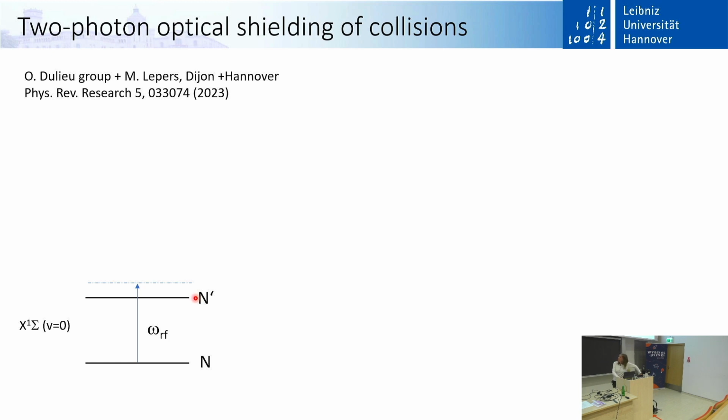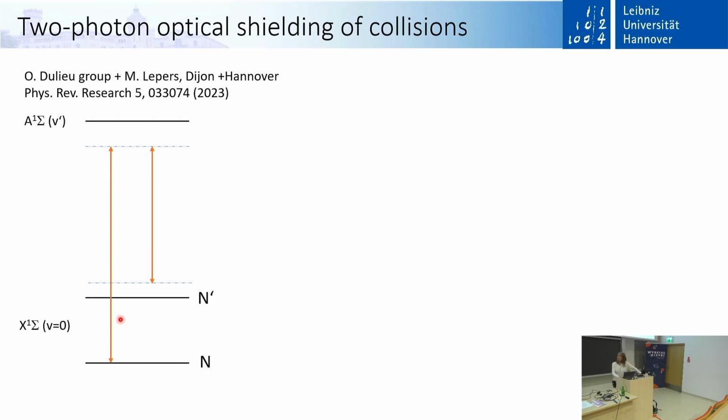Well, we're now thinking about photons. You cannot use a single photon due to the fact that you'll suffer from spontaneous emission. But why not using two photons, coupling the ground state via some electronically excited state to a rotationally excited state in a Raman-like transition scheme?